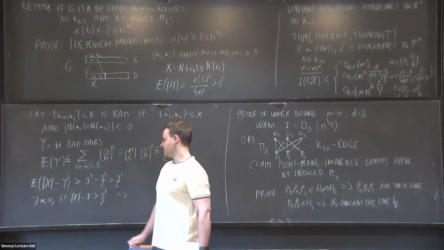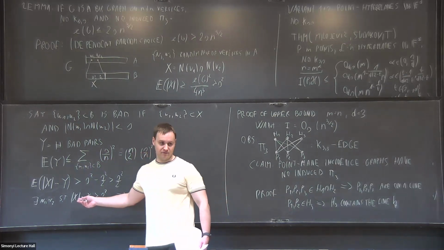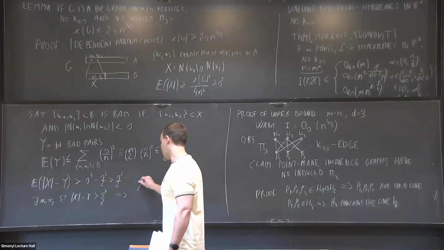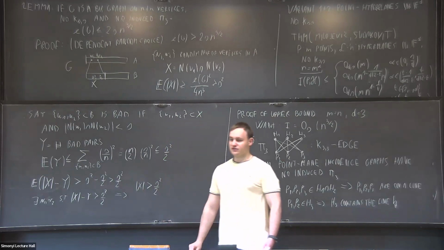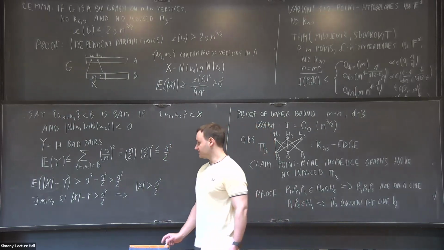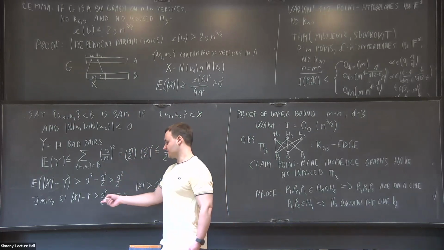On one hand, this implies that X itself is greater than S squared over 2. Another thing it implies is that not all the pairs in X can be bad.